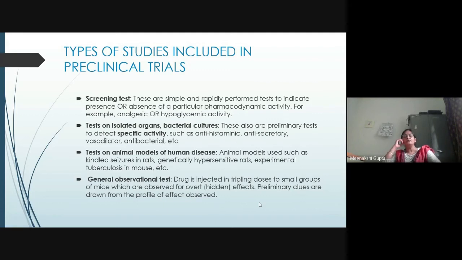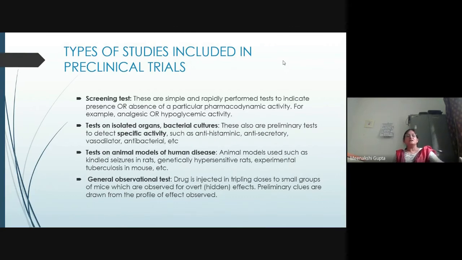For that, we take an isolated organ or a bacterial culture. In the screening test, we usually first identify what type of pharmacodynamic activity the drug will perform. So we get a very preliminary, initial idea through the screening test.